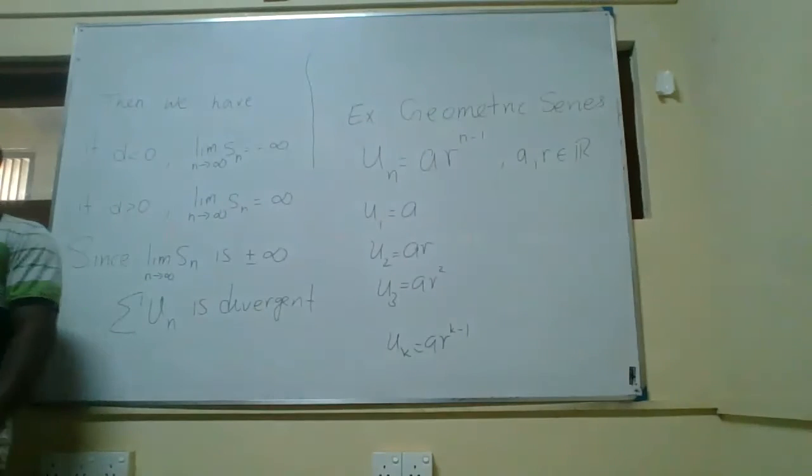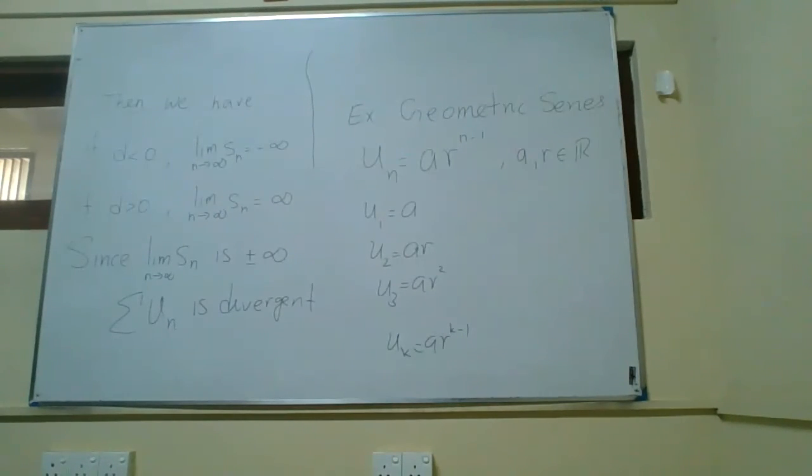That's how the series will look. So now the question is again whether this will be a convergent series or a divergent series. That is something you have to look for.